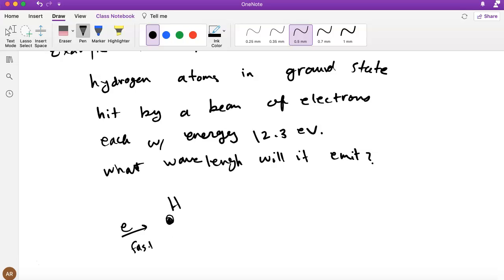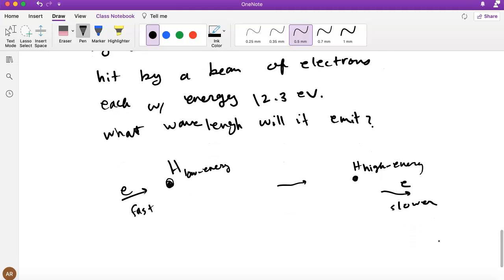So it starts fast, high energy, and the atom can be excited, bumped into a higher energy level. And the electron leaves, but it has lower energy, or it's slower. Right? So the electron can give some of its energy to the atom. Okay.